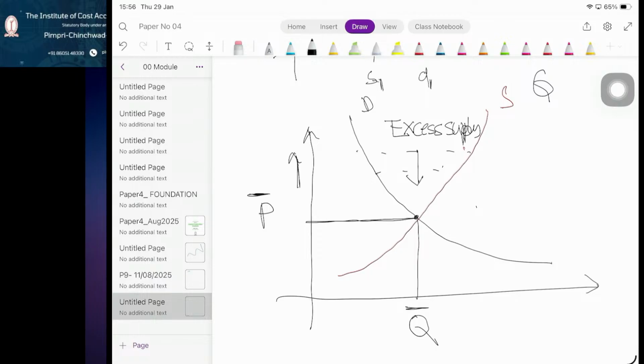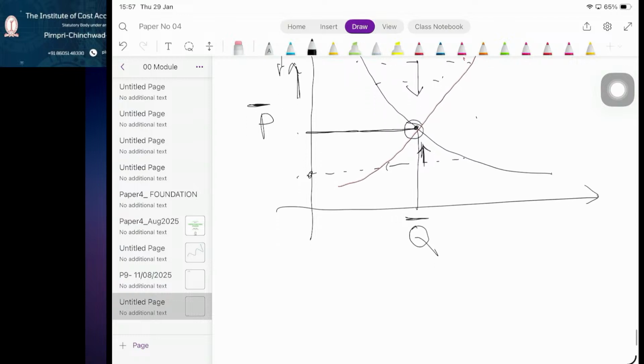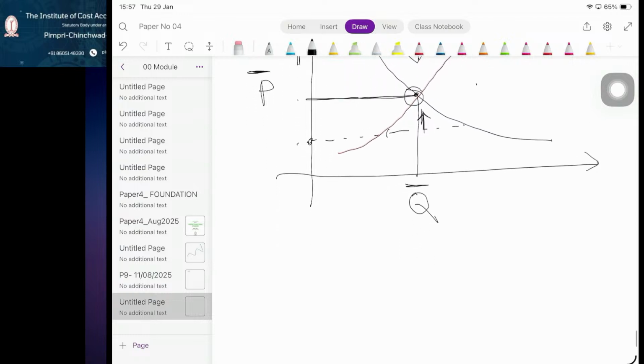If price happens to be anywhere less than equilibrium price, then quantity demanded is more than quantity supplied, and there will be a pressure on prices to go up. At equilibrium, there is no pressure on the price to either increase or decrease.